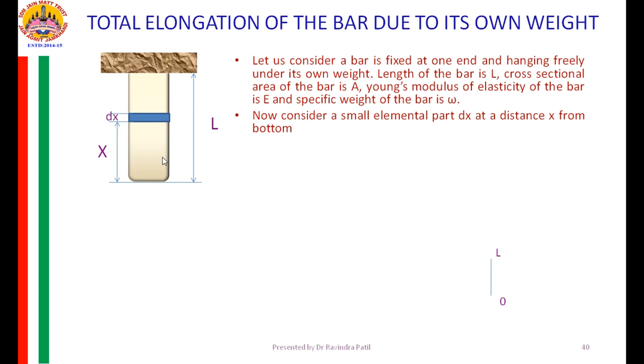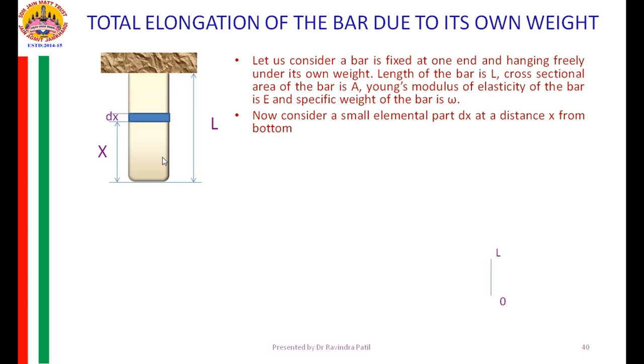Because of the load, the body will undergo elongation or deformation. The weight is acting in the downward direction, meaning the body is experiencing a tensile force. I have to calculate that tensile force and the deformation. As it is not constant, it is changing from point to point.